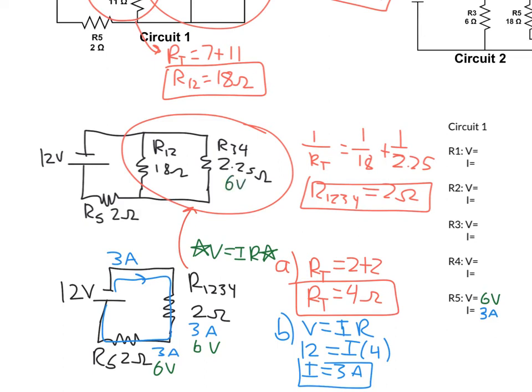We know that when things are combined in parallel, each one gets that full voltage, and we can use that then to solve for our current here. Okay, so we can say that through R12 we're going to get 0.33 amps of current. That comes from Ohm's law, and that means that R34 we will get 2.67 amps of current.